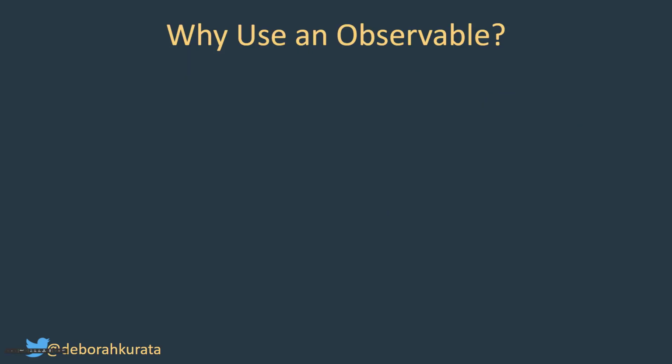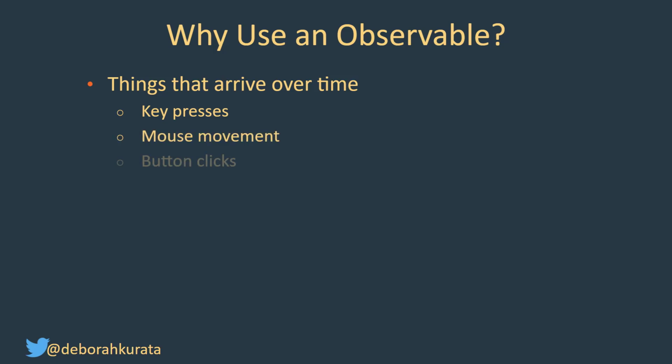Why would you want to use an observable? Well, it's really great for things that arrive over time, like key presses, mouse movements, button clicks, and of course, our HTTP responses. Because as you recall, when you access HTTP, you issue a request with our HTTP GET, put, post, whatever. It first has to find its way to the endpoint, and then it executes some code.